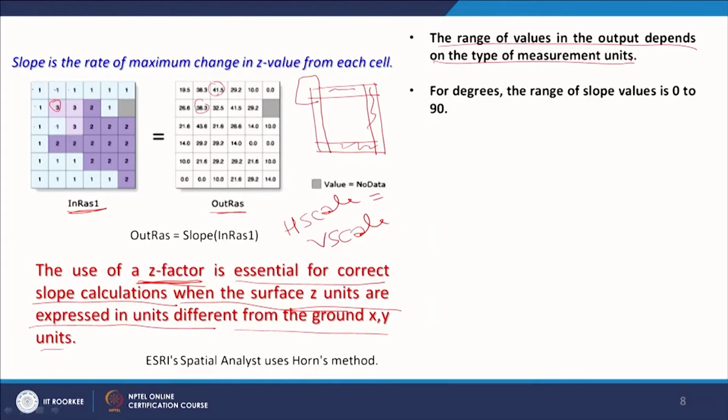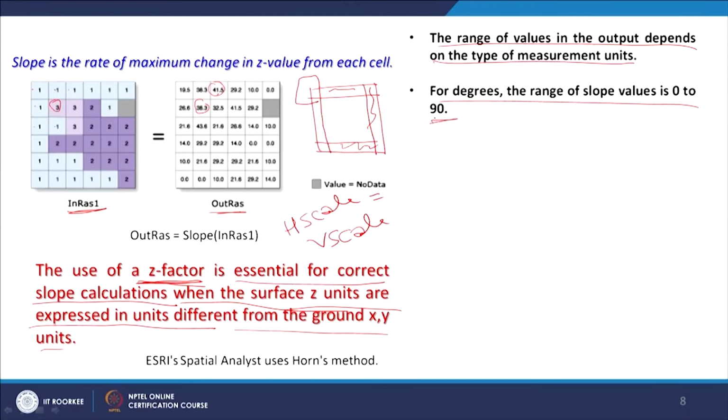Now when we bring this data set, our digital elevation model, which is required for calculation of a slope, the range of values in the output will depend on the type of measurement units. That means that the roving matrix, whether it has some weightage or not, or every cell has value 1, the bias or weight can also be assigned to that.